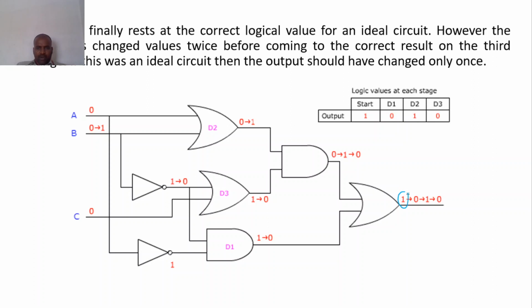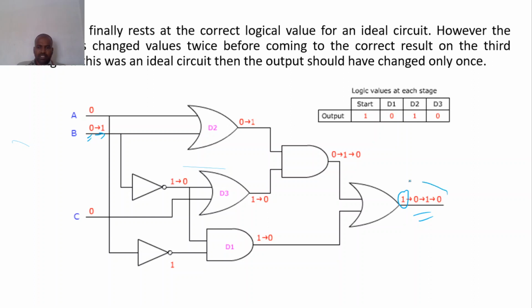Actually we are going to get output equal to 1 now. When I change here 0 into 1, see how many times the outputs are changing. For digital circuits, there should be only a single output change. But here 4 times the outputs are changing. So this is what the dynamic hazard.